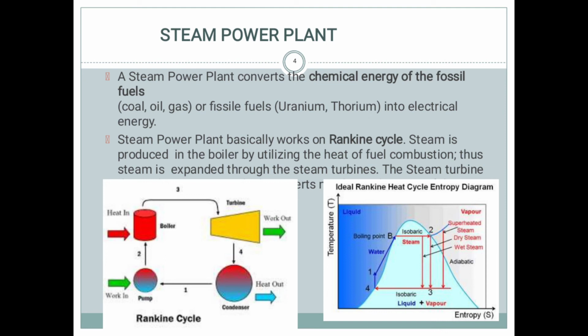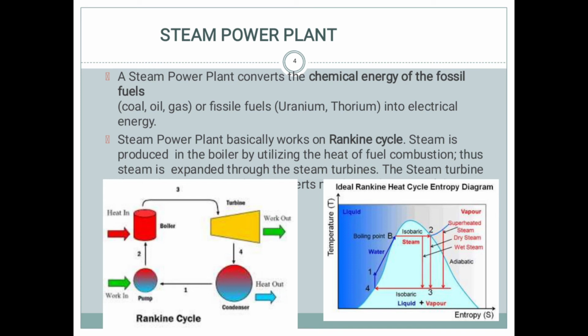In the Rankine cycle, there are four processes. These are: 1 to 2 is the constant pressure heat addition process. 2 to 3 is the reversible adiabatic expansion process. 3 to 4 is the constant pressure heat rejection process. 4 to 1 is the reversible adiabatic pumping process.